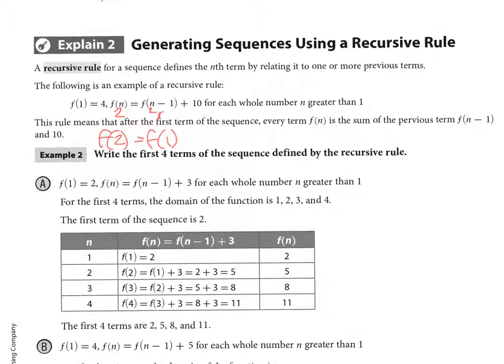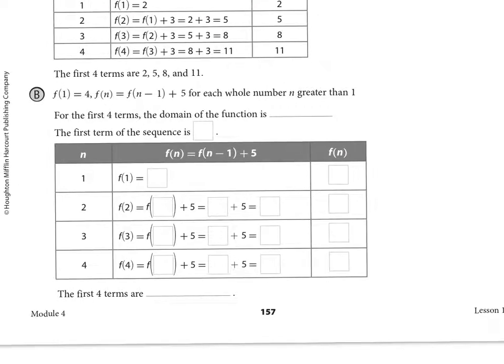So let's look at the example they give us here. We know f of 1 up here is 4. Based on the recursive rule, what am I doing every time? I should be adding 5. The rule says add 5.